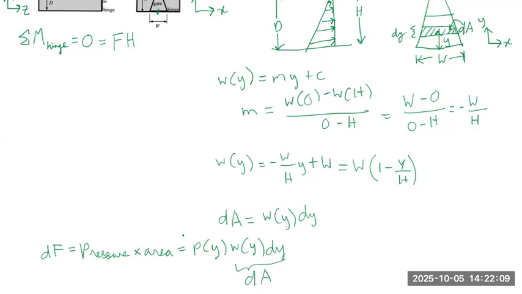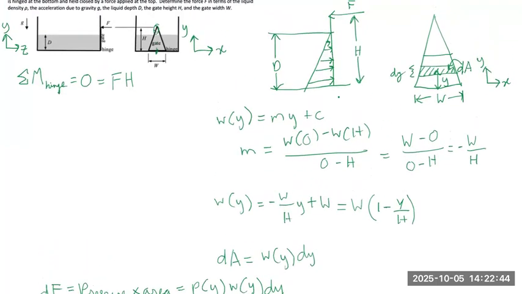And Py is the hydrostatic pressure as a function of height. So as a function of height, Py is equal to rho times g, where rho is the density of the liquid and g is gravity, multiplied by basically the depth.